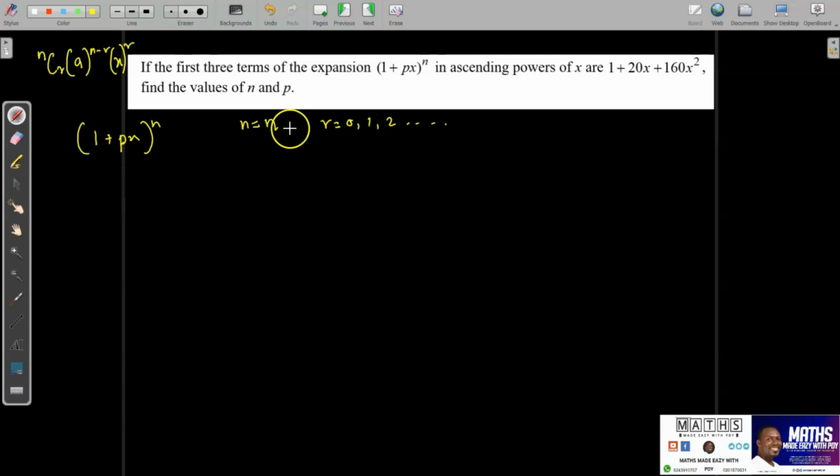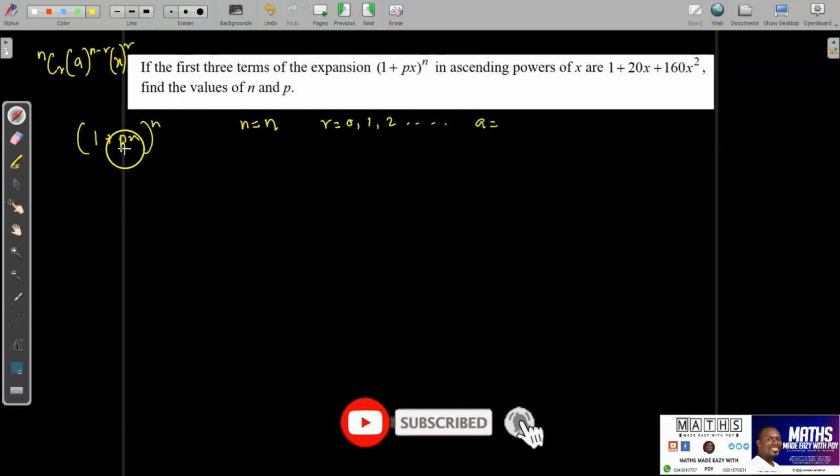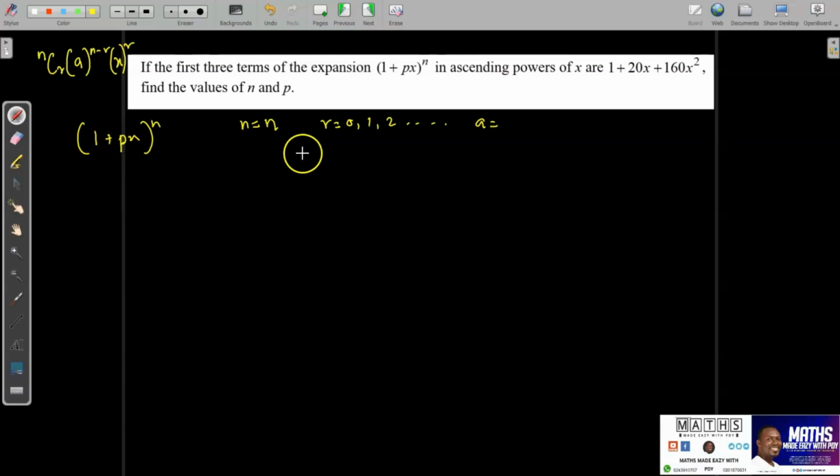So using our n as n and r value as 0, 1, 2, what will be our a value from this expansion? 1.